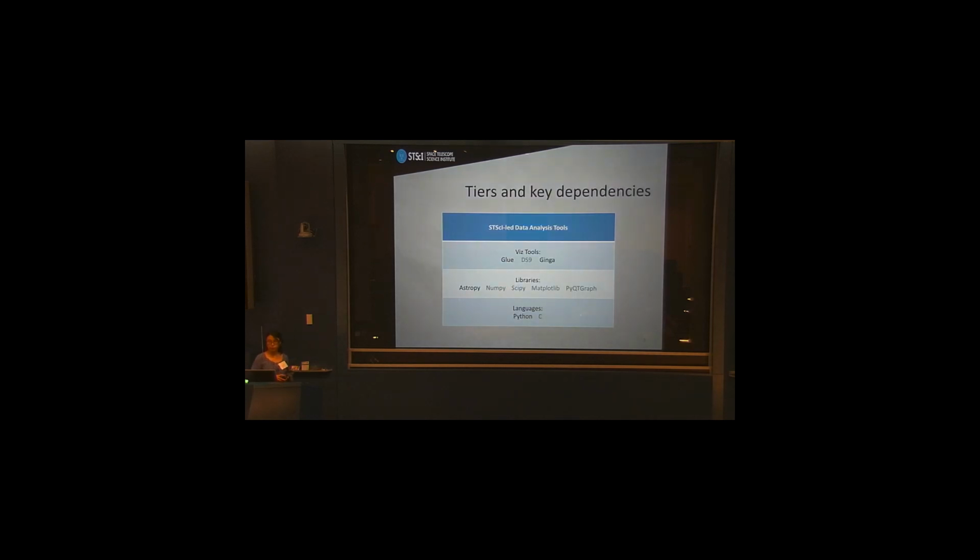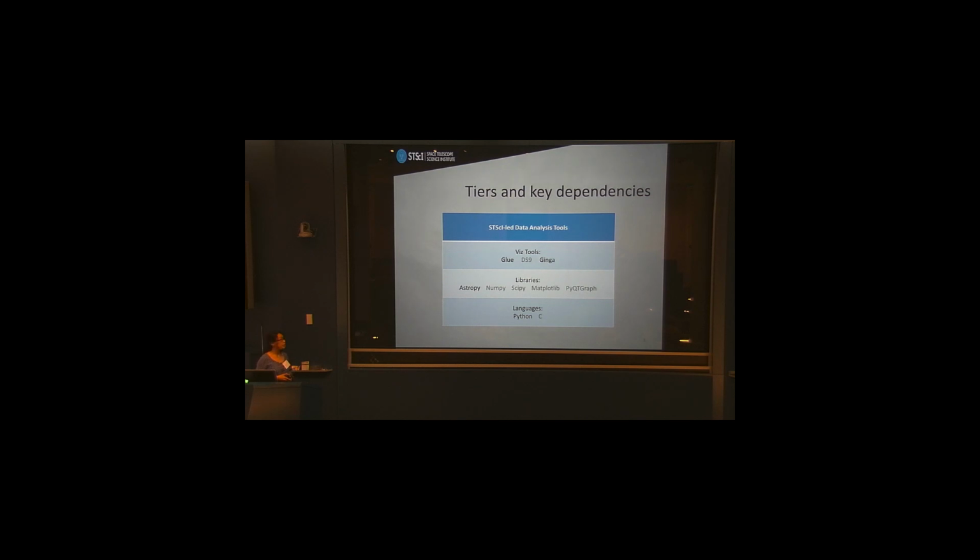So here's some tiers and dependency in the tools that we develop. So at the lowest level is the language itself. Mostly we work in Python, but occasionally we also dabble in C when we have to. On top of that, we use some common libraries out there as listed. The ones that are grayed out, we don't commit our staff too much to help them, but the ones that are not grayed out, we have some money and resources to help out a bit in their development.